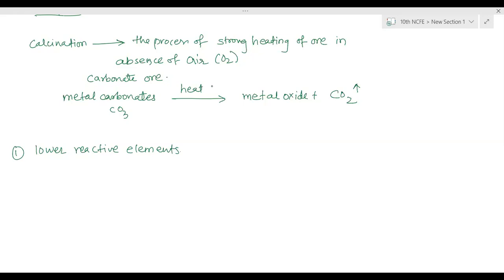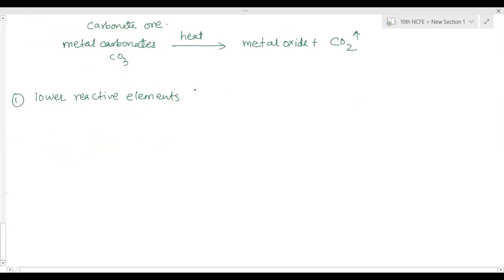Then the other ones are copper and mercury. We have to see the extraction of copper and mercury in this case. First we will see mercury's extraction. The common name of the ore of mercury is cinnabar.